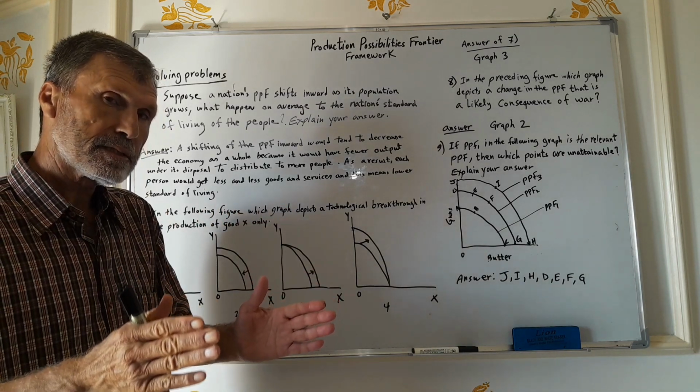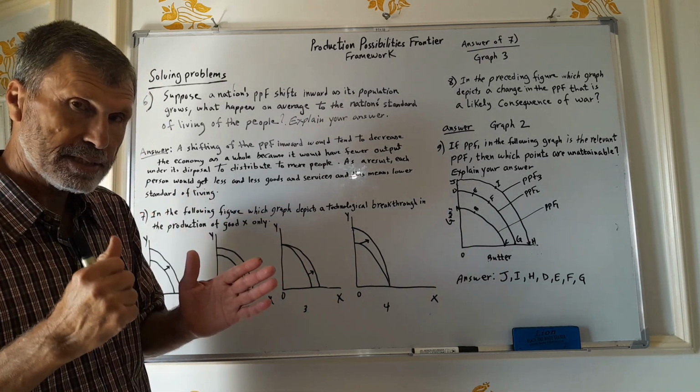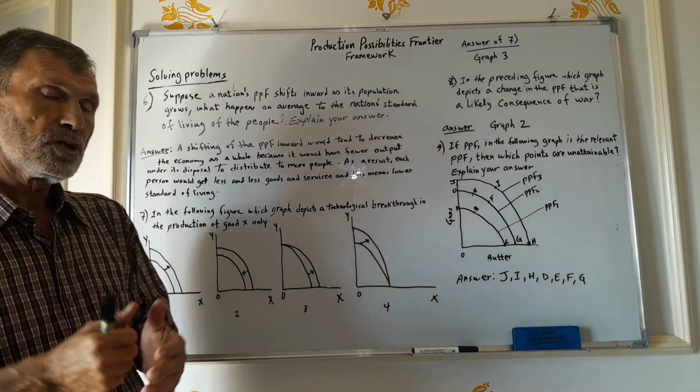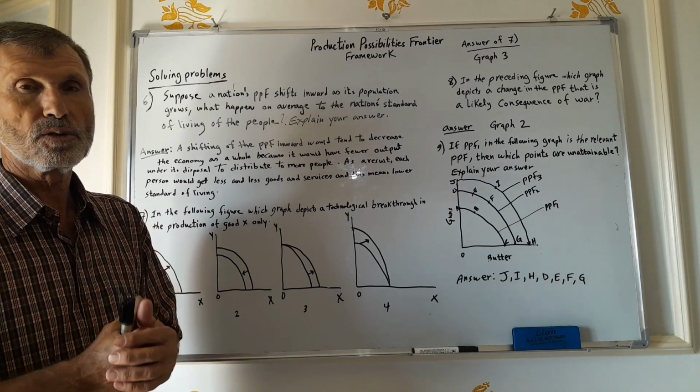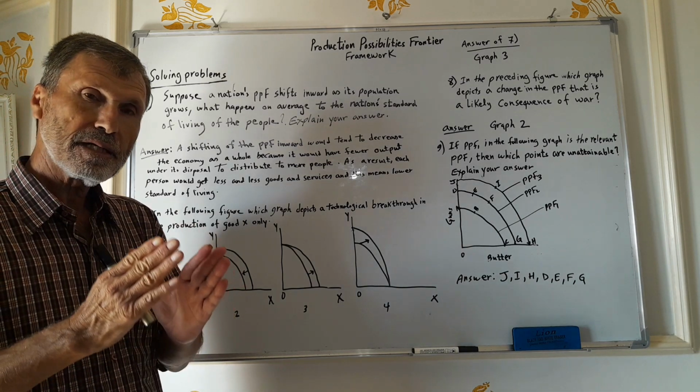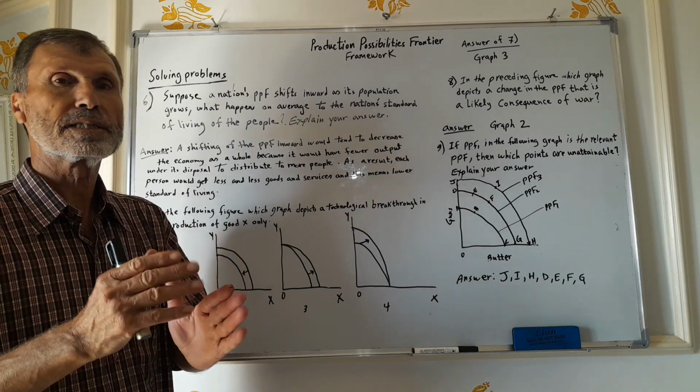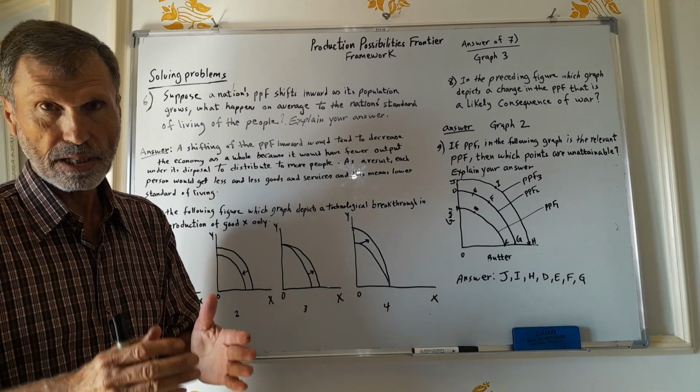As a result of this, each individual in the economy, of course, would get less and less goods and services. That actually means, in the final analysis, a lower standard of living. A lower standard of living.